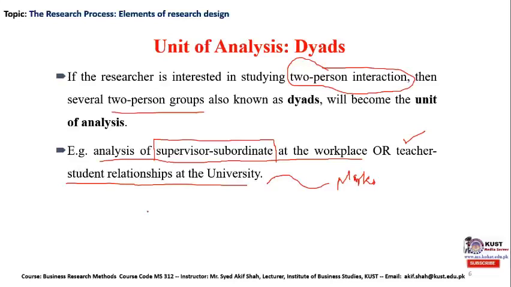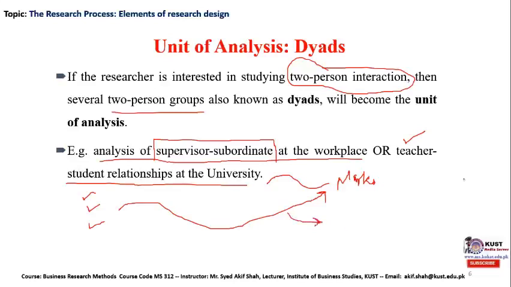So here once again the researcher is interested in the relationship of teacher and students, and the researcher hypothesizes that if the relationship between student and teacher is friendly, healthy, productive and career oriented, then it will lead towards good grades or good marks for the students, as well as a successful career after graduation.